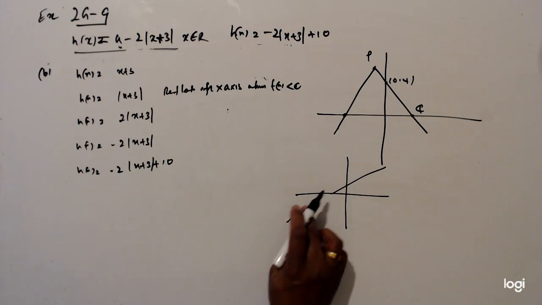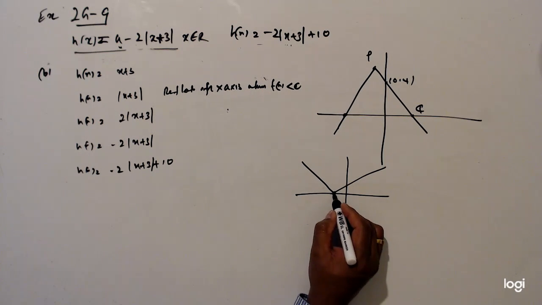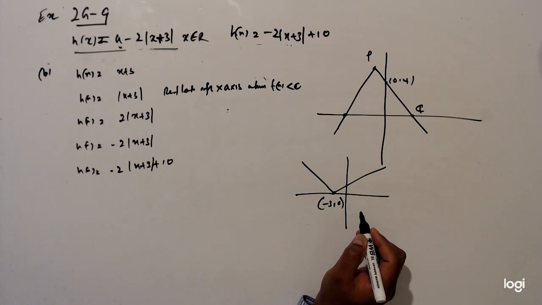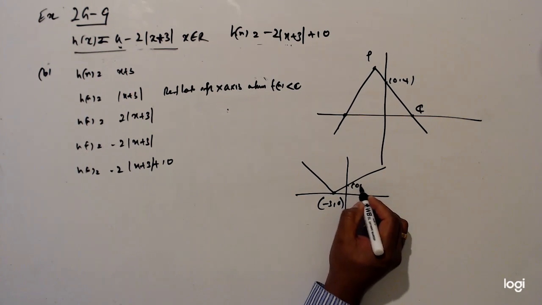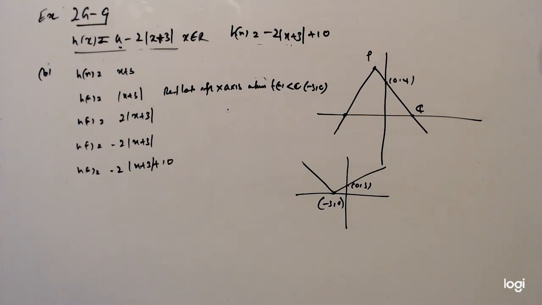So then when we take the reflection, we will get this point. So this point becomes minus 3, 0. This is 0, 3. So minus 3, 0.